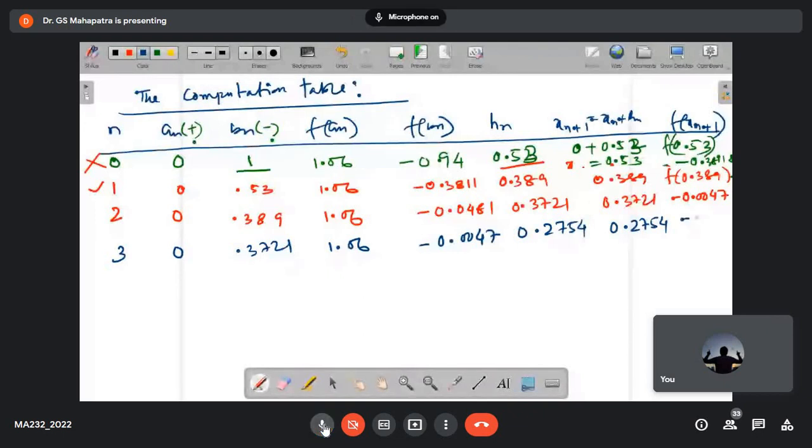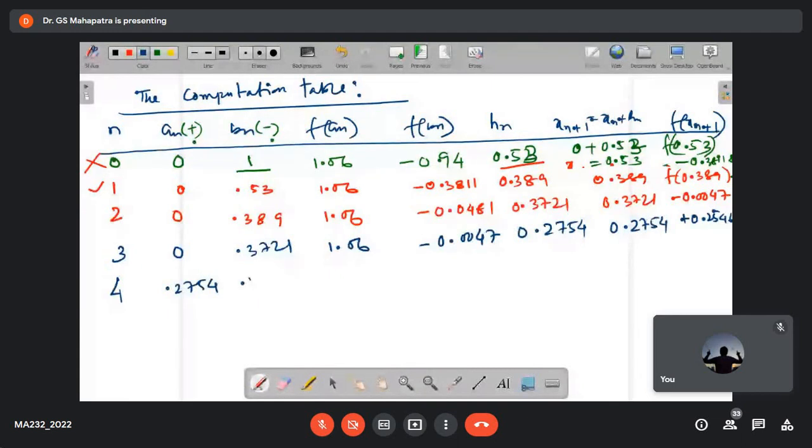Positive or negative? Okay, 0.2546. Okay, so now 4, now only power came. Okay, sorry, now it will be not 0. What is the answer? 0.2754, correct. 0.3721, negative has not changed.